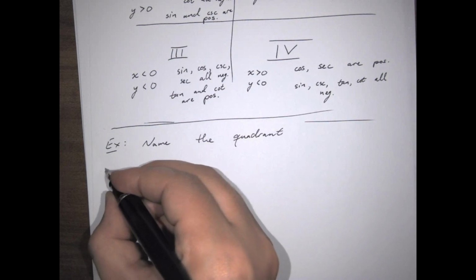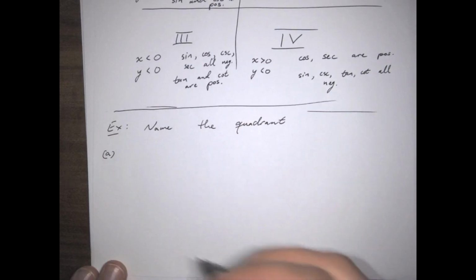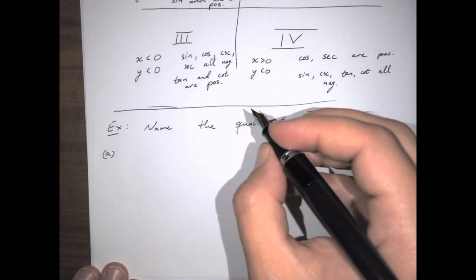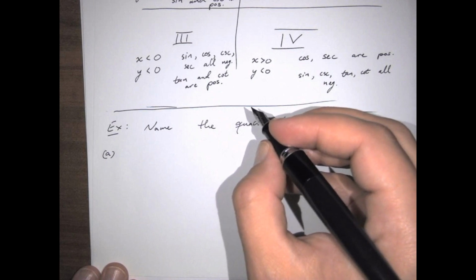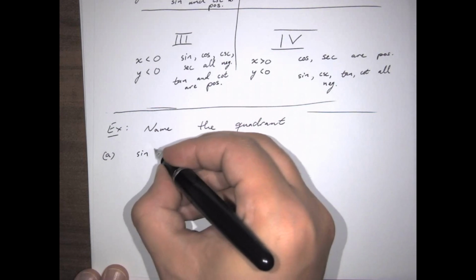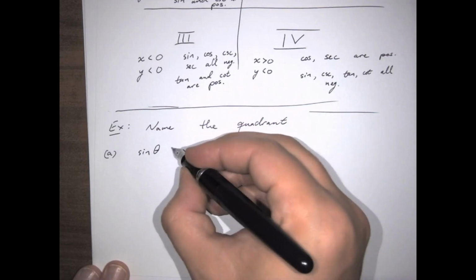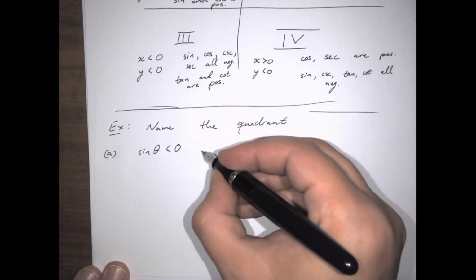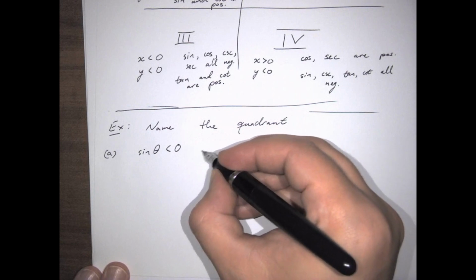What we'll have is some information, and we'll just have to piece it together. So let's say sine theta is less than 0, and let's say cosine theta is greater than 0.